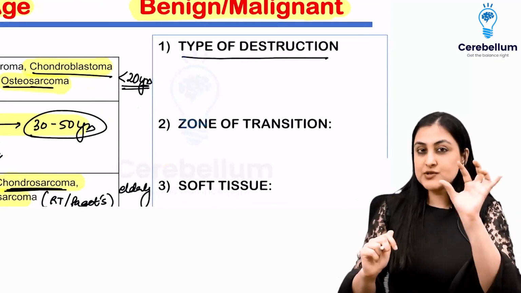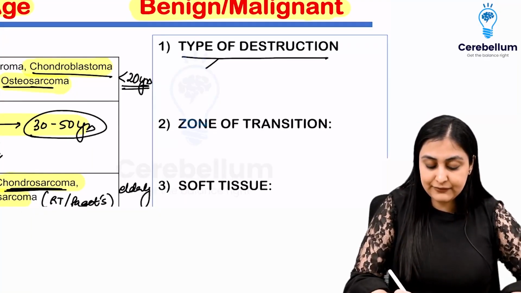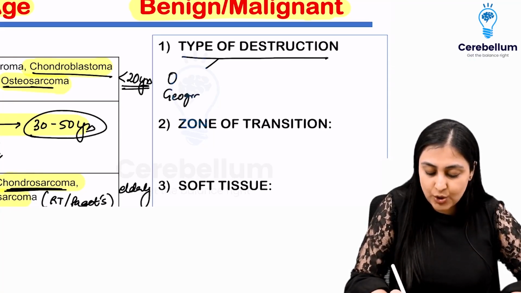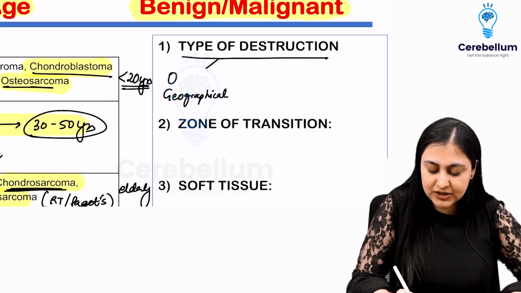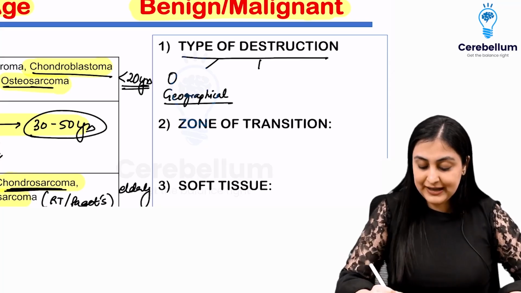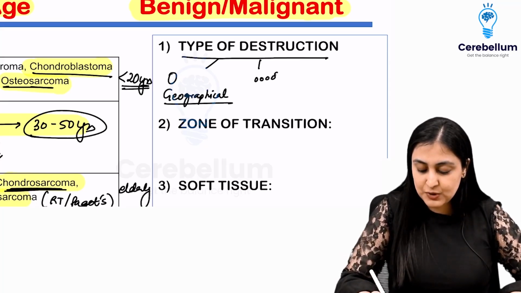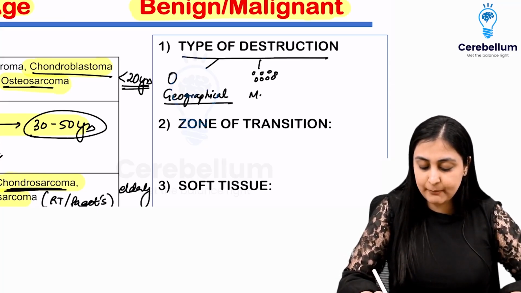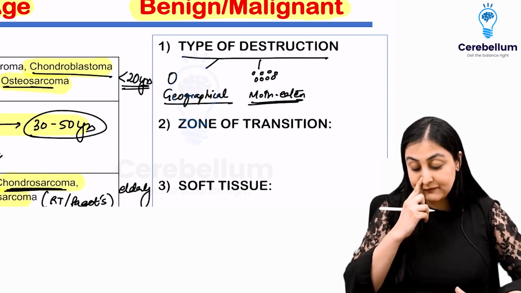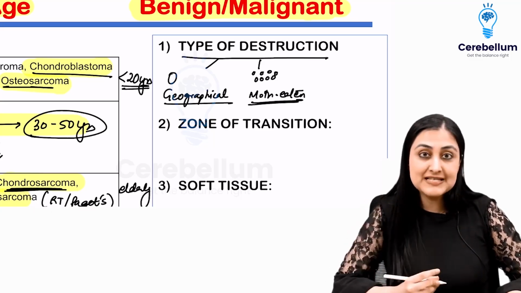If the pattern is very well defined, it's a very well defined lytic lesion within the bone, we call that a geographical lytic lesion, and that suggests a benign nature of the bone tumor. If I see that there are these small lytic lesions as if there's a moth-eaten appearance, that again suggests something wherein you have a more aggressive bone tumor.